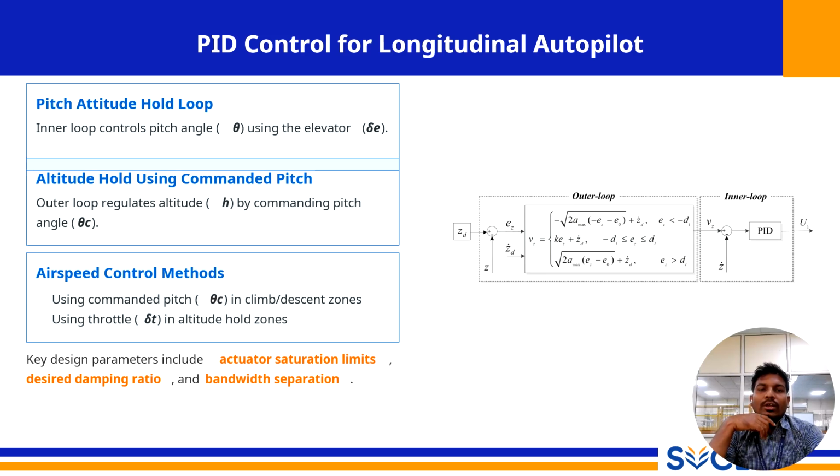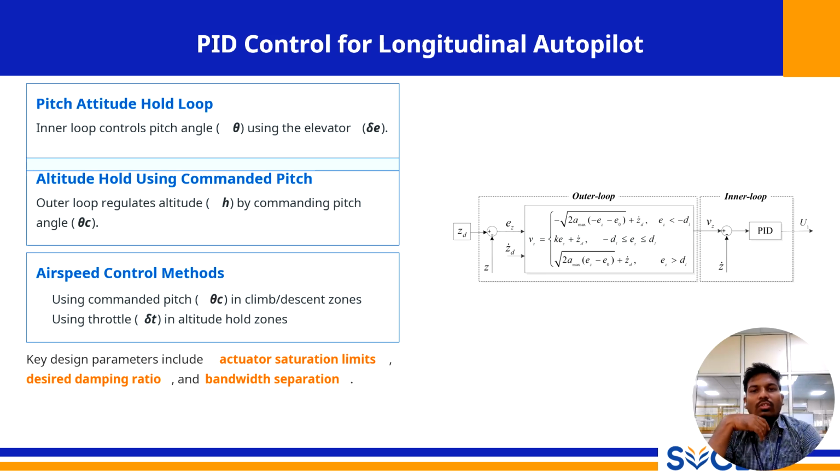If the autopilot determines that the MAV is below its desired altitude, this outer loop doesn't command the elevator directly. Instead, it calculates the required nose-up pitch command and sends that to the inner loop. The fast and stable inner loop then takes over to execute the command, causing the aircraft to climb.